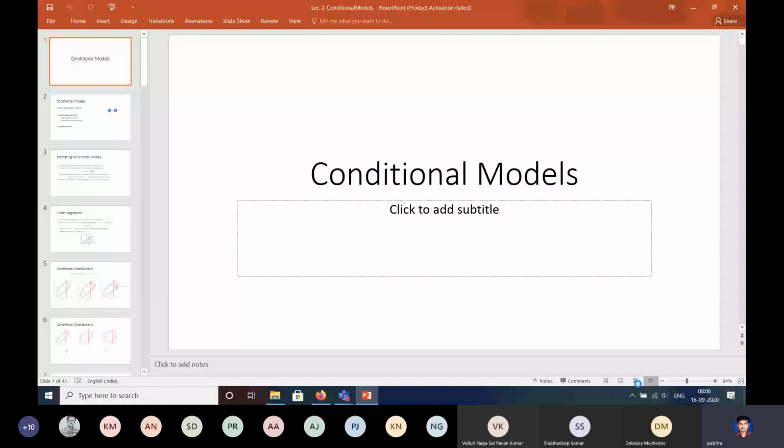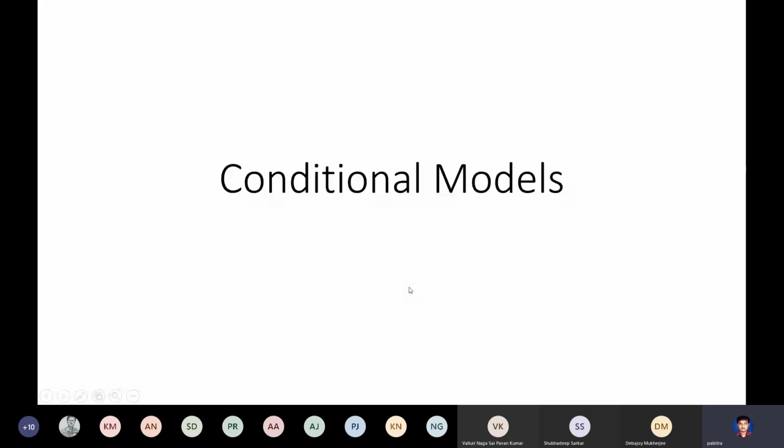So today, let us start on the next topic, which is conditional models. What we did in the previous set of lectures is that we tried to model or learn a distribution.